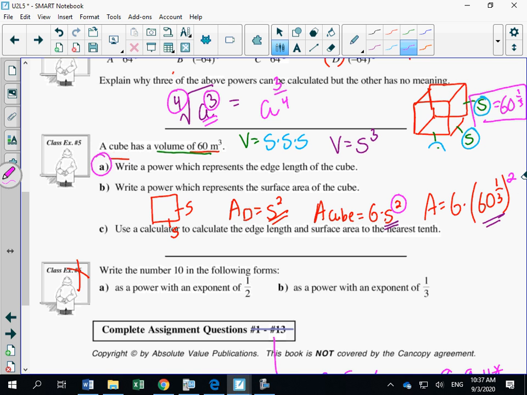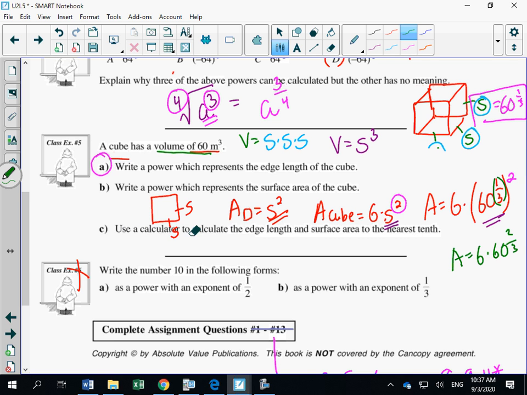On your calculators, if you're going to type that in, fractions always need to go in a bracket. So it'd be 1/3 in a bracket times 2, and that answer is going to be 2/3. So area is equal to 6 times 60 to the 2/3, and that would be your answer for B.